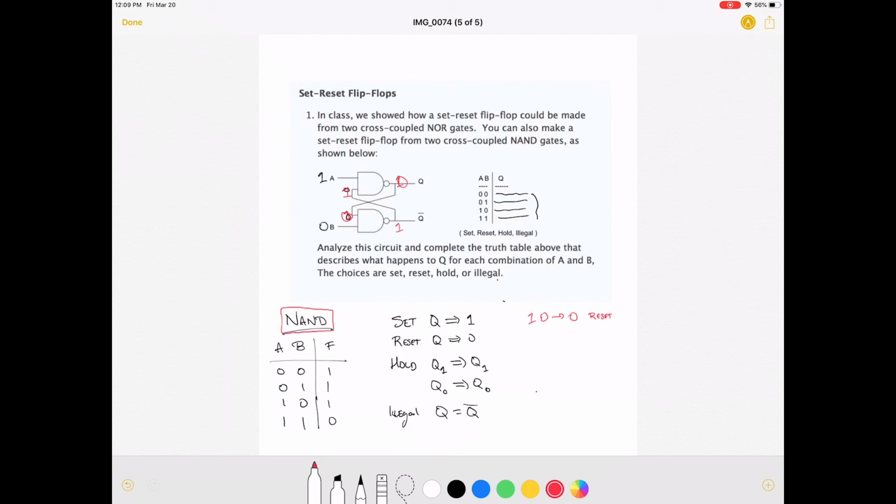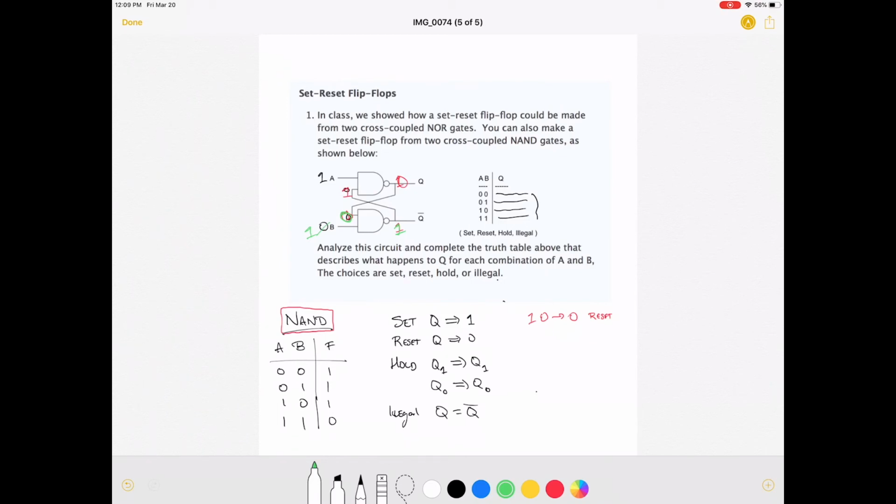So let's try changing something and see what happens. Let's change B to a 1. So now that that's a 1, and this is a 0 from before. So 0 and 1 will still produce a 1 out of here. And then this will be a 1, and we'll notice that nothing changed.